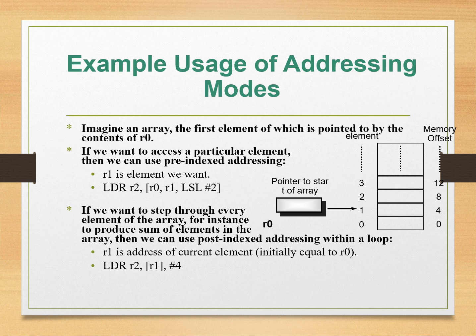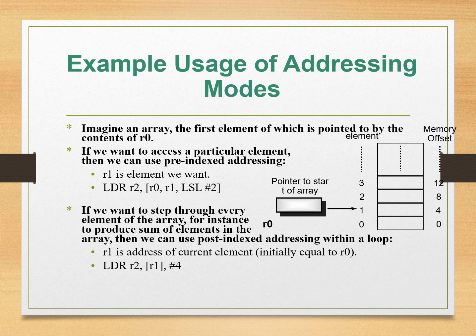If you want to step through every element, for instance to find the sum of the elements, then we can use post index addressing within a loop. For example, we use R1 as the address of the current element, initially equal to R0.